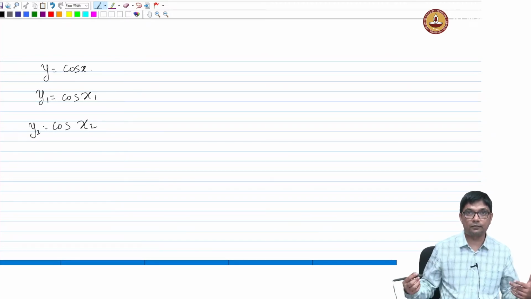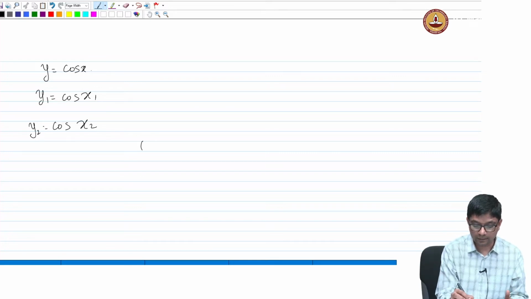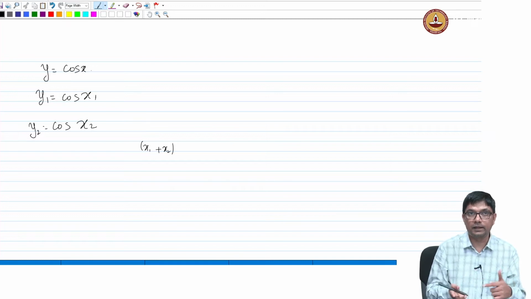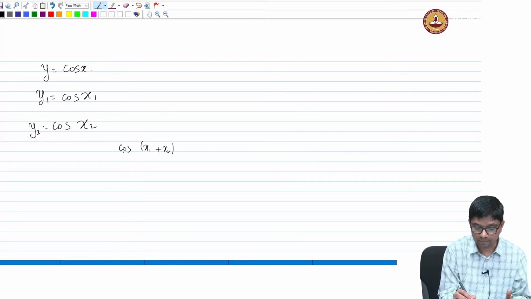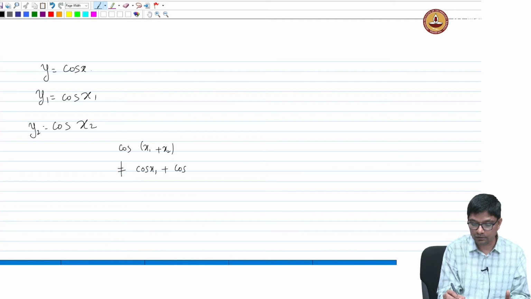Now, if I apply both the inputs together, x1 plus x2, the relation between input and output is the cos. Now, this is not equal to cos of x1 plus cos of x2, and therefore this is also not equal to y1 plus y2. You can say therefore that there is no superposition here.